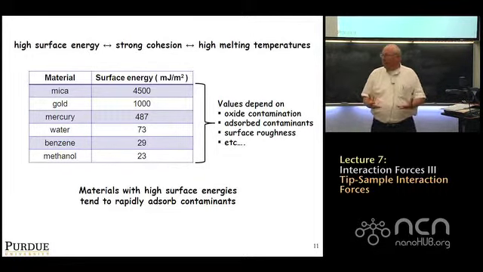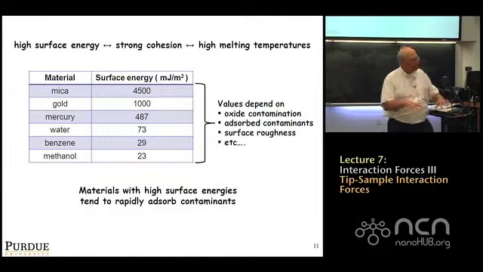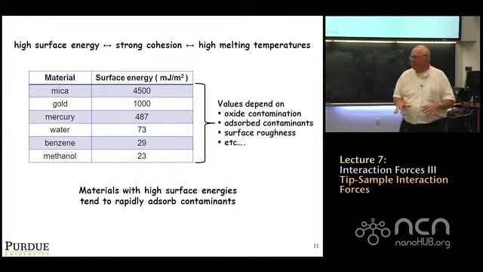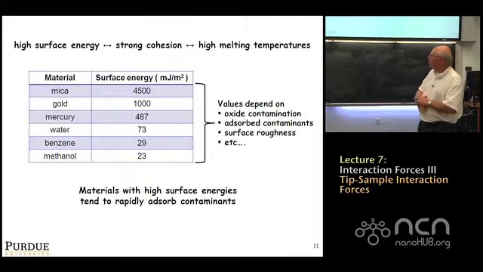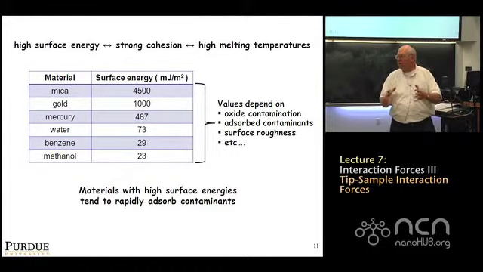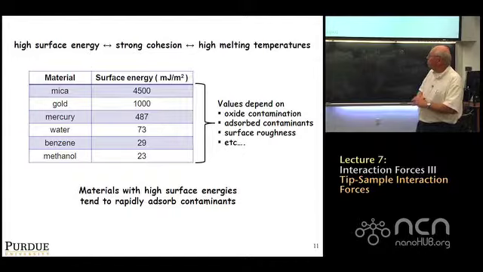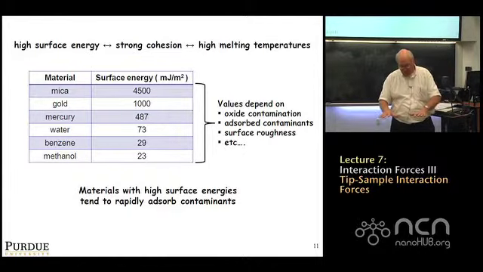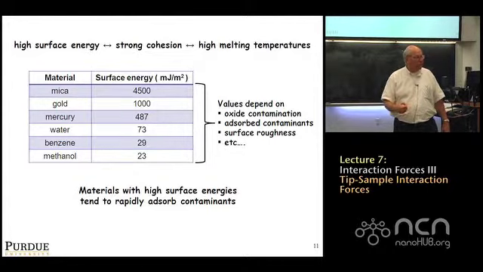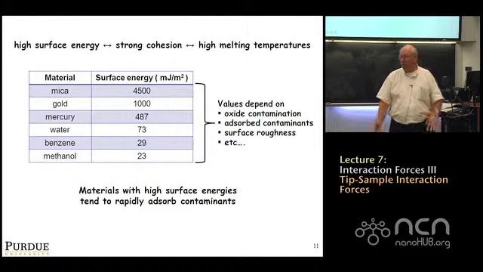So materials that have high surface energies are going to be reactive, right? Nature's always trying to get to the lowest energy state. So, for instance, if you produce a surface of gold, which has a surface energy of 1,000 millijoules per square meter, and you let that surface sit in air or ambient conditions, it's going to want to adsorb hydrocarbons, which have a lower surface energy, onto the gold surface to lower the net surface energy.